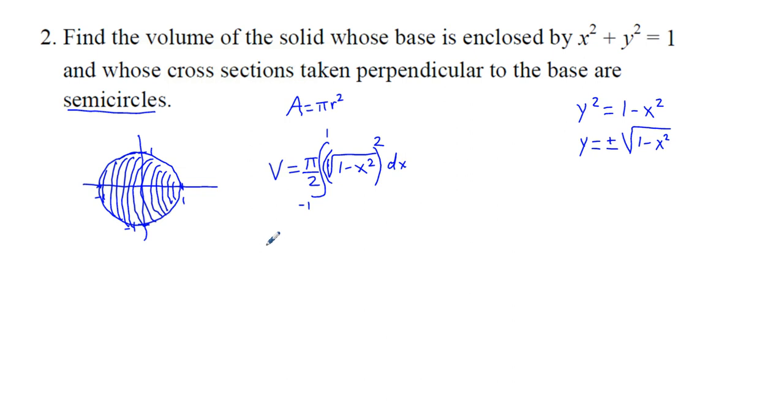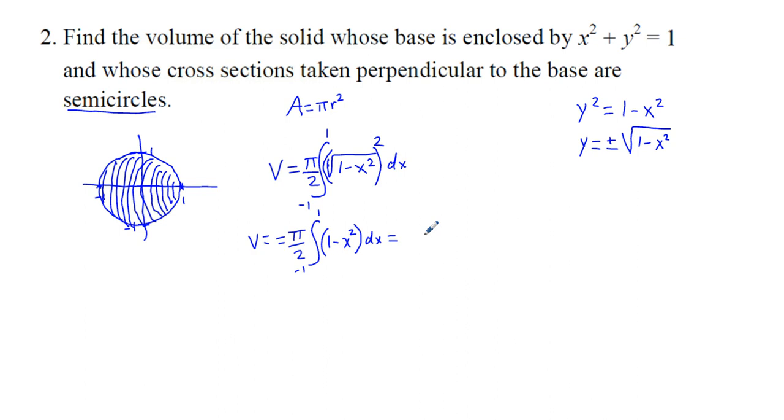And so working below, we have volume is equal to pi over 2, and we have the integral from -1 to 1, the square root of 1 minus x squared, squared. That's going to square root and square cancel each other, so we get 1 minus x squared dx. In the case of cross-sectional volumes, you're going to have square roots cancel each other out sometimes.